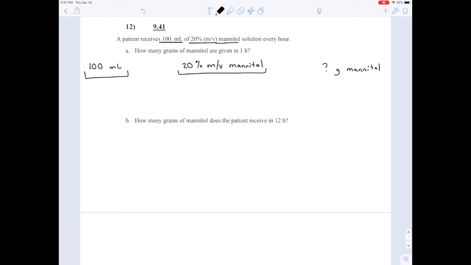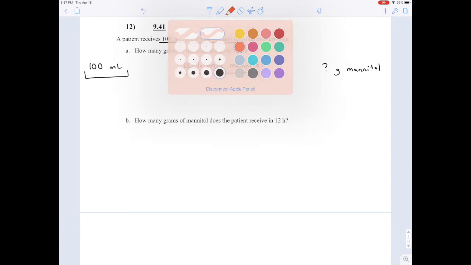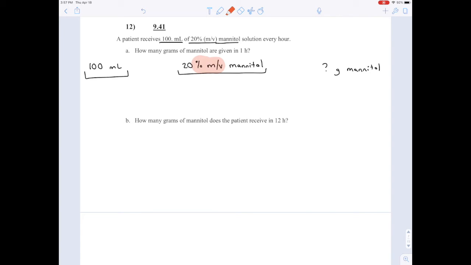So for example, 20% mass volume, that key word, percent mass volume, should suggest a formula, specifically 20, here the mass is on top, so 20 grams of mannitol per every 100 milliliters of solution.